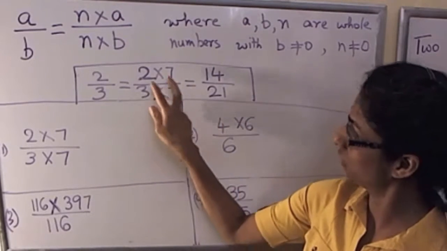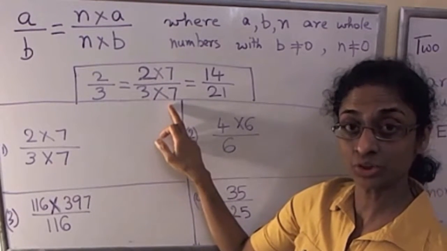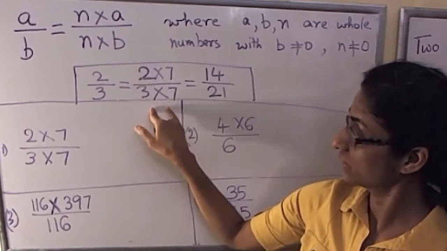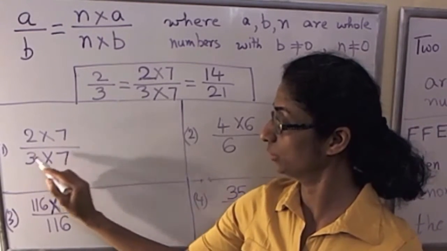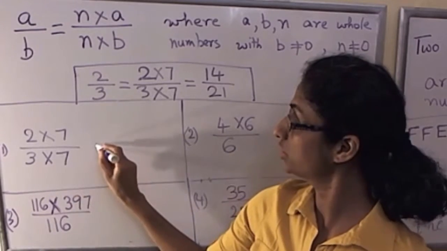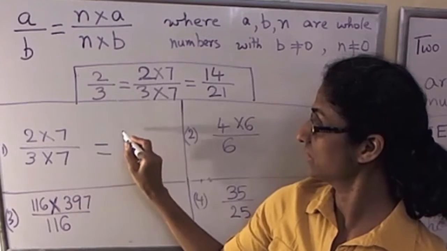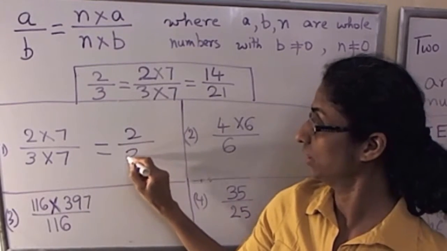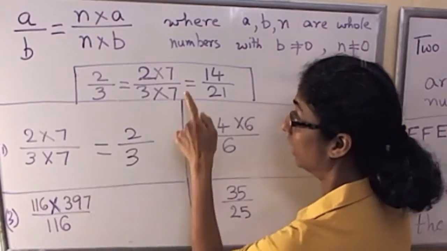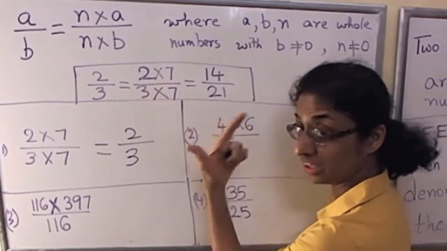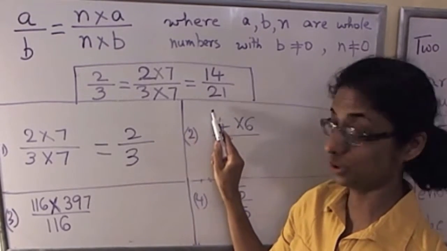What happens if you look at 2 times 7 over 3 times 7 and think to yourself, this is exactly the same as 2/3? So in other words, I want to be able to look at this expression and also go in this direction and say this is the same as 2 over 3. You're very familiar with multiplying these and going in this direction and thinking to yourself, 2 times 7 over 3 times 7 is 14 over 21.